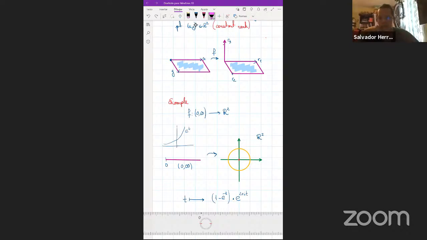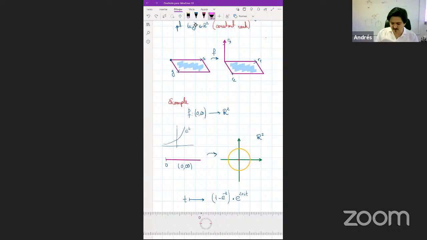What I had in mind is different from what you're saying. I was saying start from 0 and you increase. When you're very far, you are very close. I think you are very close when t approaches 0, right? No, 1 minus e to the minus t is increasing.